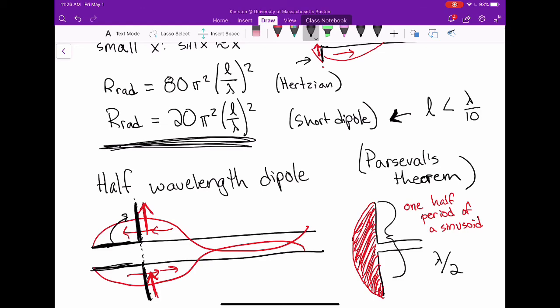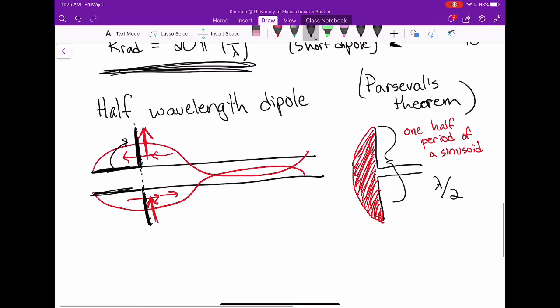Sinusoids just give you more sinusoids. So the half wavelength dipole has more area under the current curve, and as a result, it gets you more radiation resistance. The radiation resistance for a half wavelength dipole is 73 ohms.